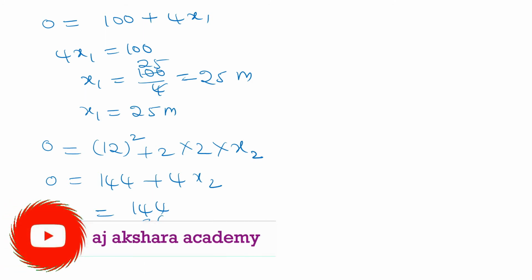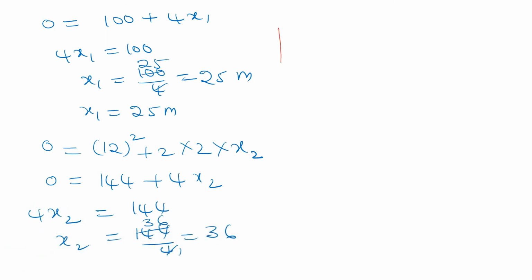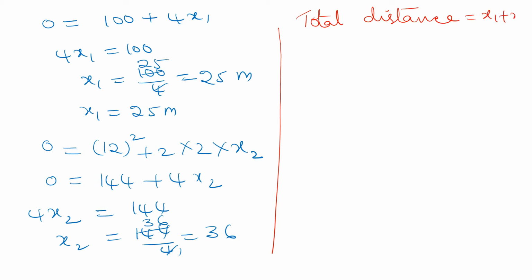So total distance is equal to x1 plus x2. x1 is equal to 25, x2 is equal to 36. We are getting 61 meters.